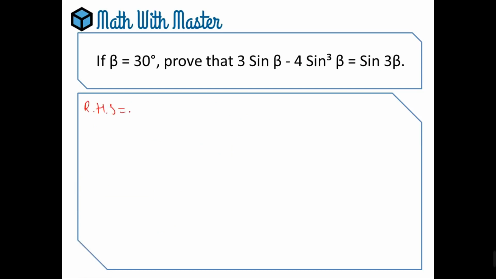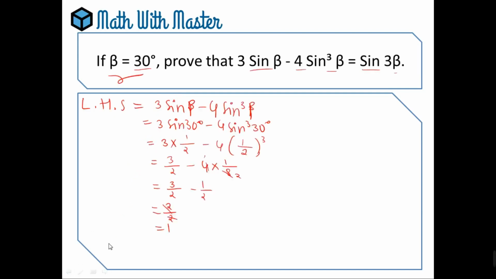Our RHS is sine 3 beta. Our angle here is 3 times the angle beta. We know beta is 30 degrees, so sine 3 into 30 is sine 90 degrees, and the value of sine 90 degrees is 1.